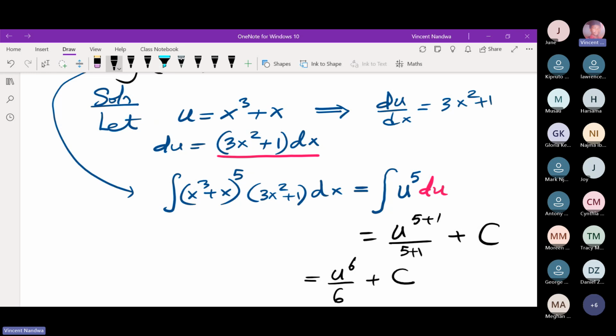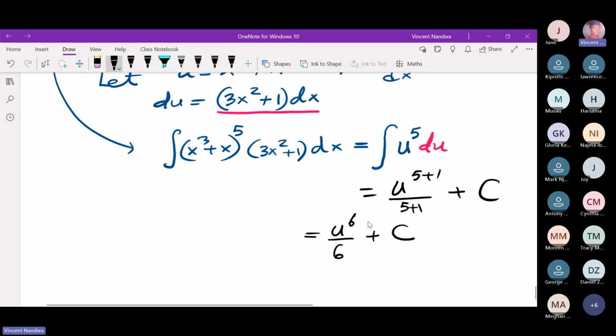So for the final answer, you replace back the expression of u in terms of x. Therefore, this will be x power 3 plus x raised to power 6, divided by 6, then plus c. So that will be the value of that integral. So you get your 1 or 2 marks for that integration process.